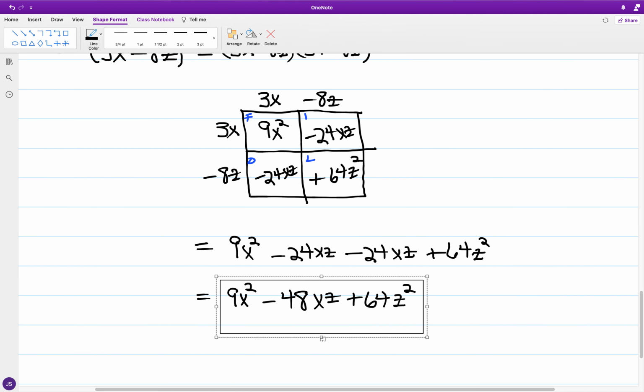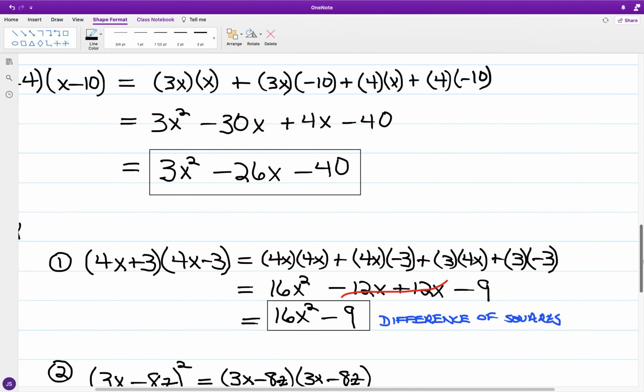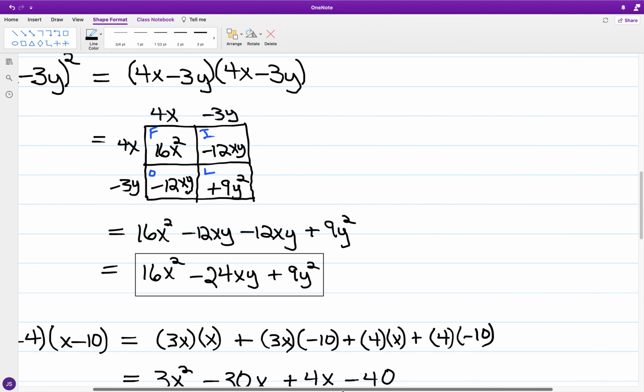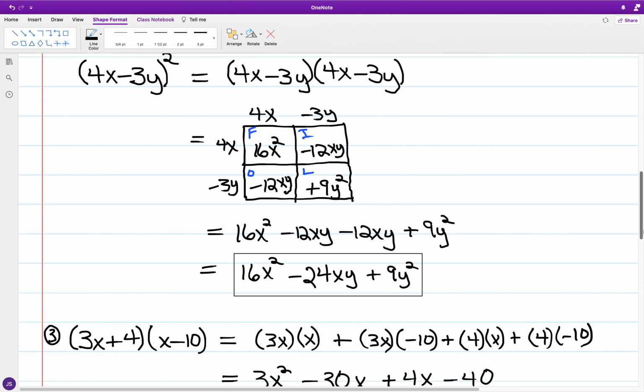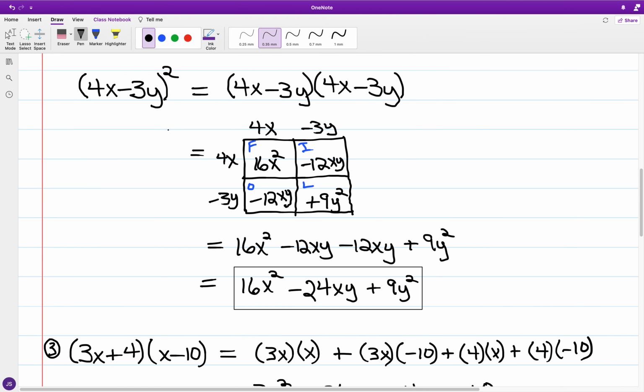And I'm just going to mention something here. I mentioned earlier the case where we had a difference of squares. And when we looked at the square of a binomial expression, anything that results from the square of a binomial expression and that ends up as a trinomial, in reference to the exponent 2, this result is going to be what's referred to as a square trinomial.